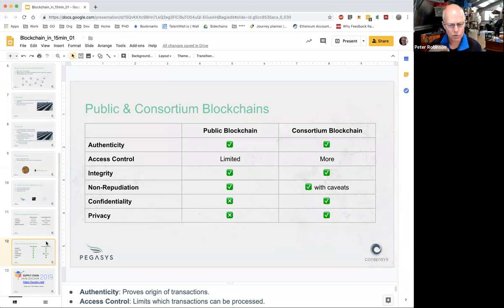Both have good integrity. Integrity means that you can't alter the state of the blockchain, or you can't alter transactions that are already in. Non-repudiation relates to essentially saying, I didn't do something.